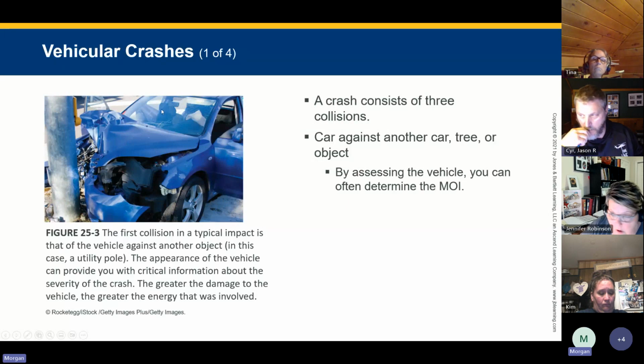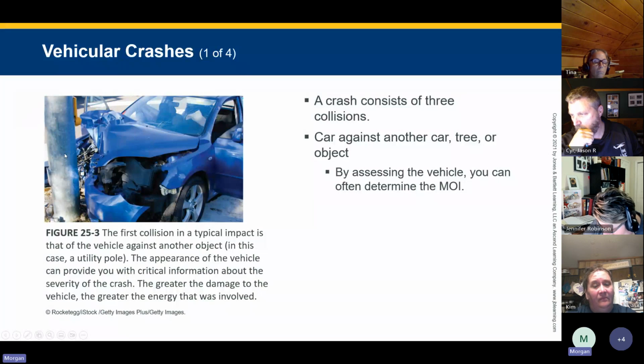So this is a head-on collision with a small car versus what looks like a light pole. And they're saying the crash consists of three collisions. When the vehicle hits the object, that is one collision.